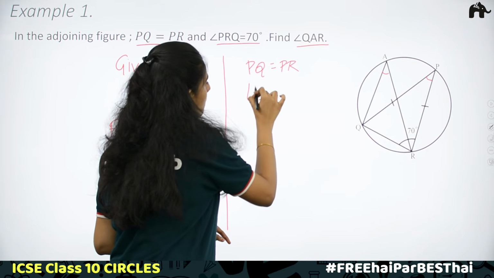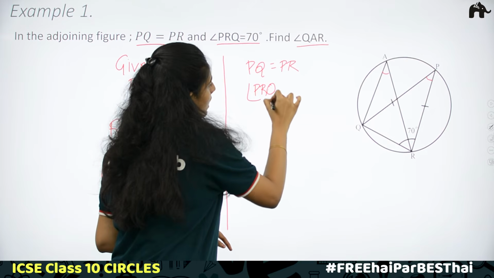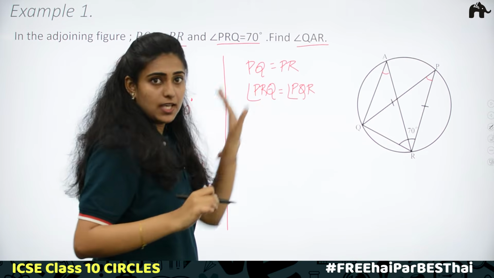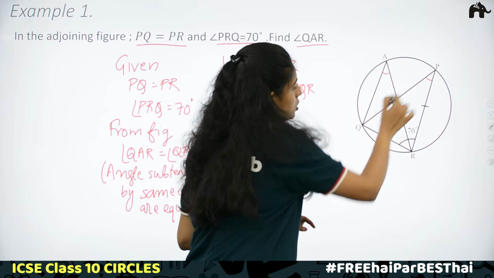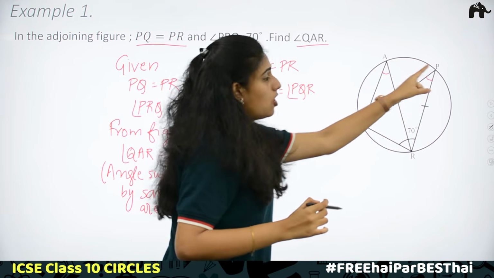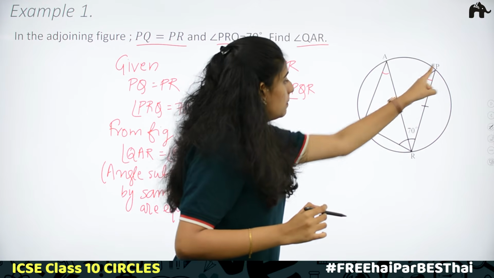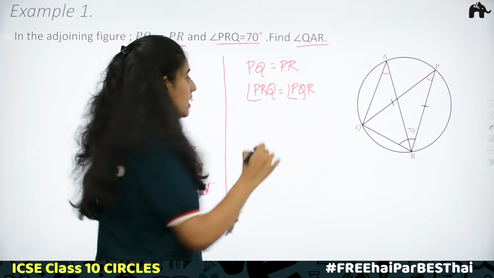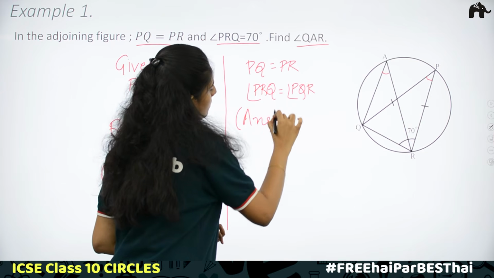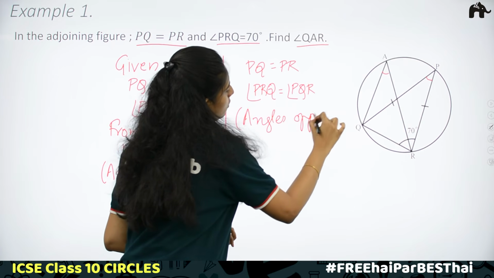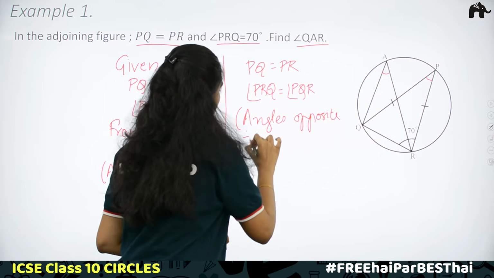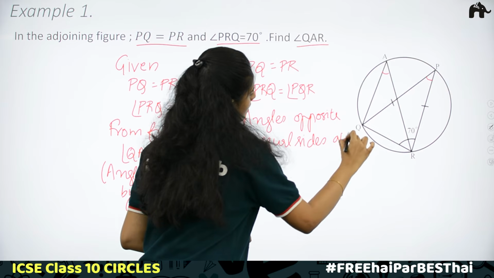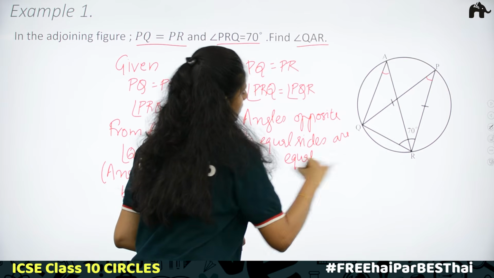Since PQ and PR are equal, angle opposite to PQ is PRQ and angle opposite to PR is PQR. They will be equal. PRQ is equal to PQR. Reason? Angles opposite to equal sides are equal.